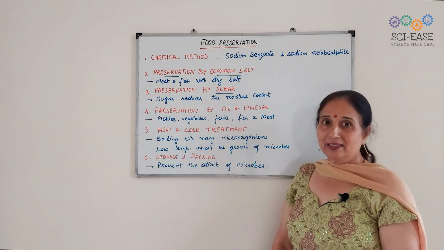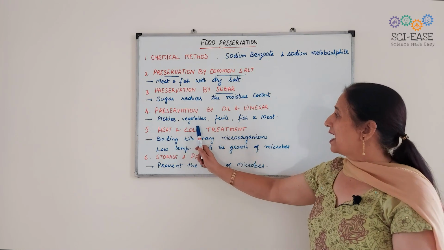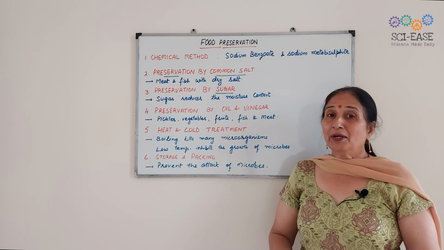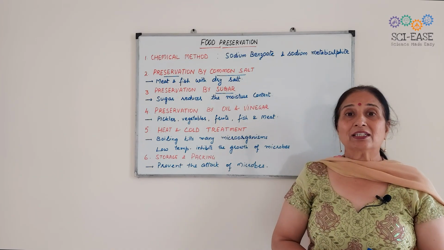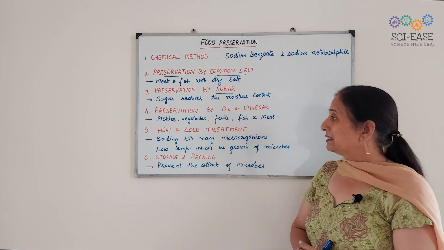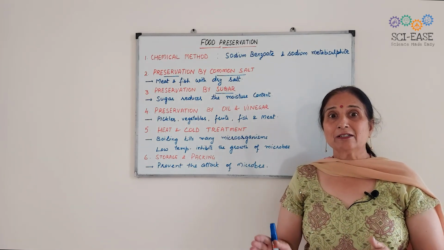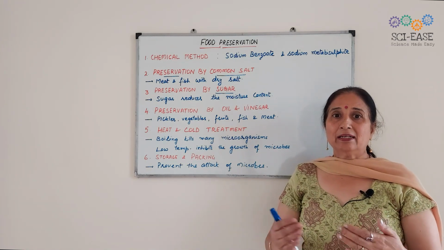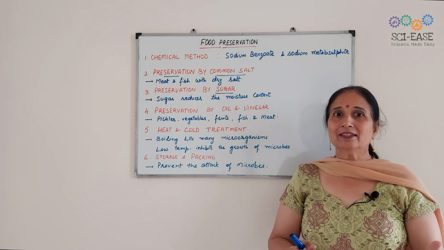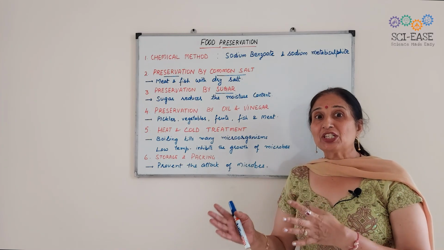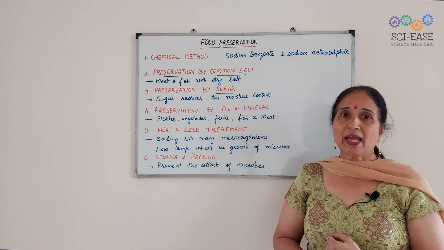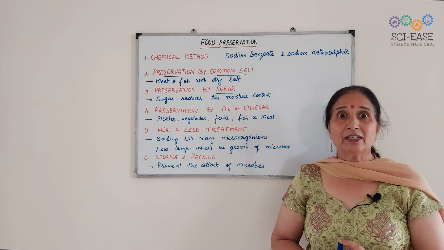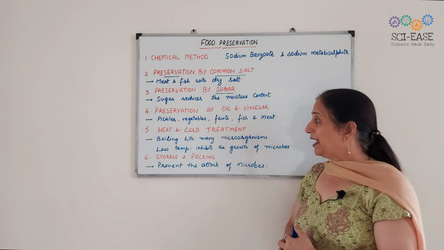Now, the fifth method is heat and cold treatment. You know that food can be preserved at low temperature. Your mother or father buys vegetables or fruits and preserves them for 1 week. Where? In the refrigerator. Why?